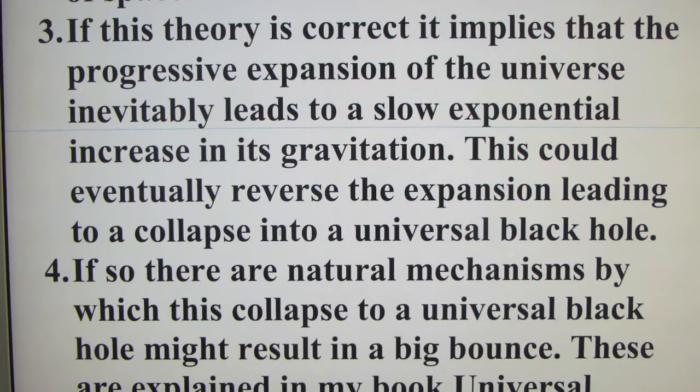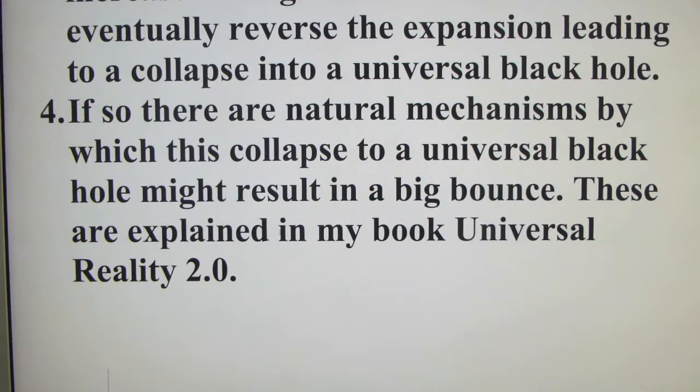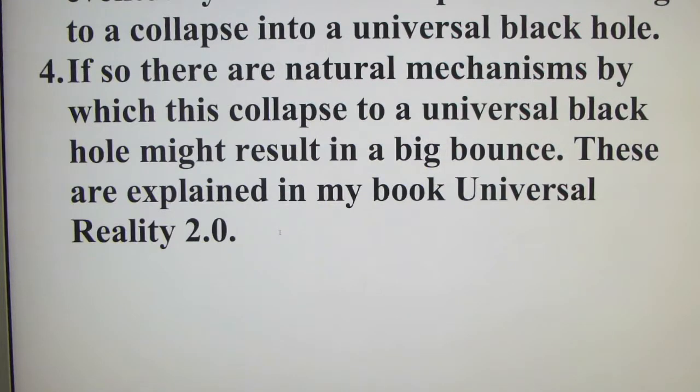This could eventually reverse the expansion, leading to a collapse into a universal black hole. If so, there are natural mechanisms by which this collapse to a universal black hole might result in a big bounce. These are explained in my book, Universal Reality 2.0.